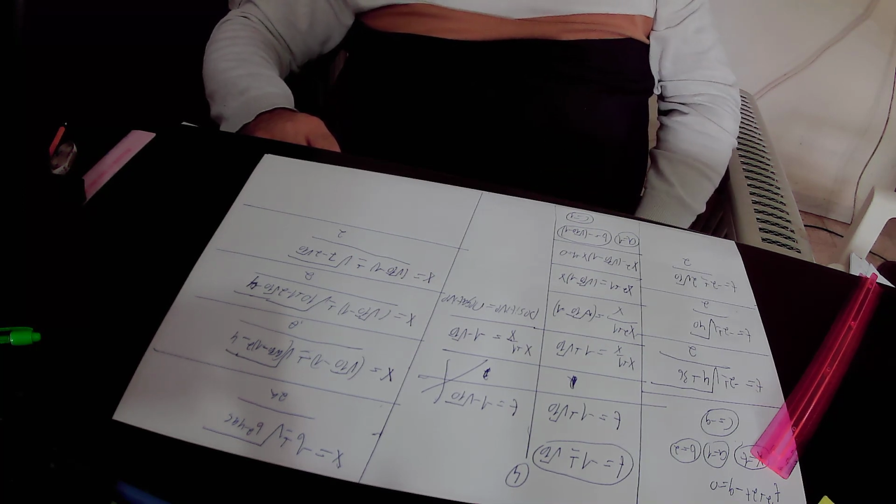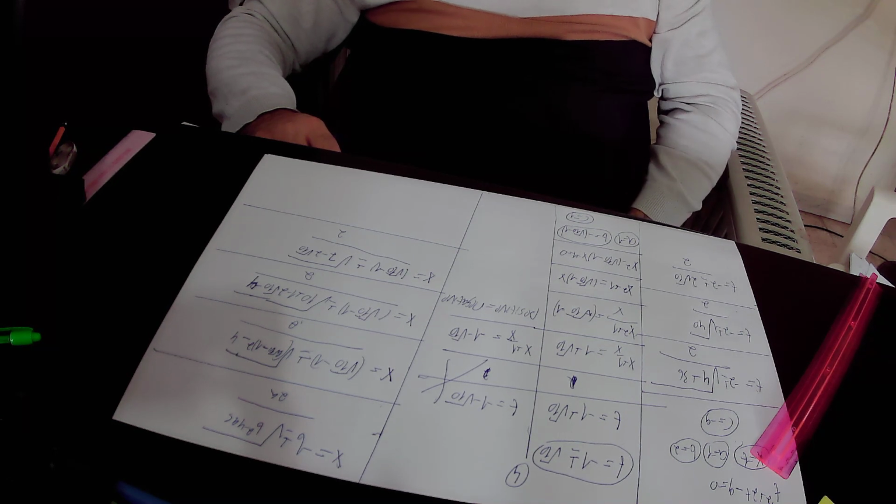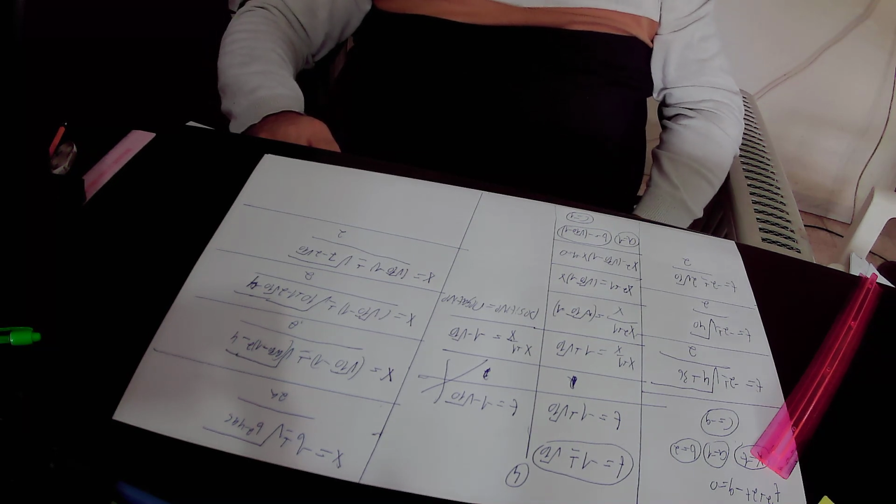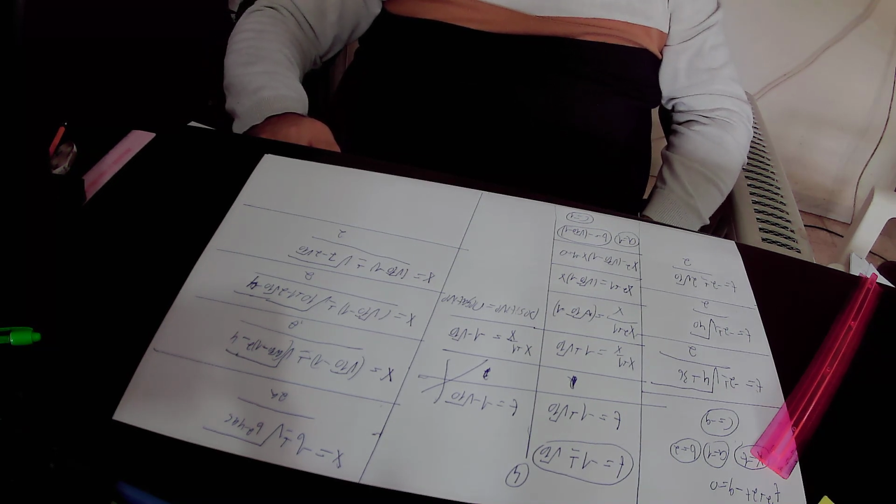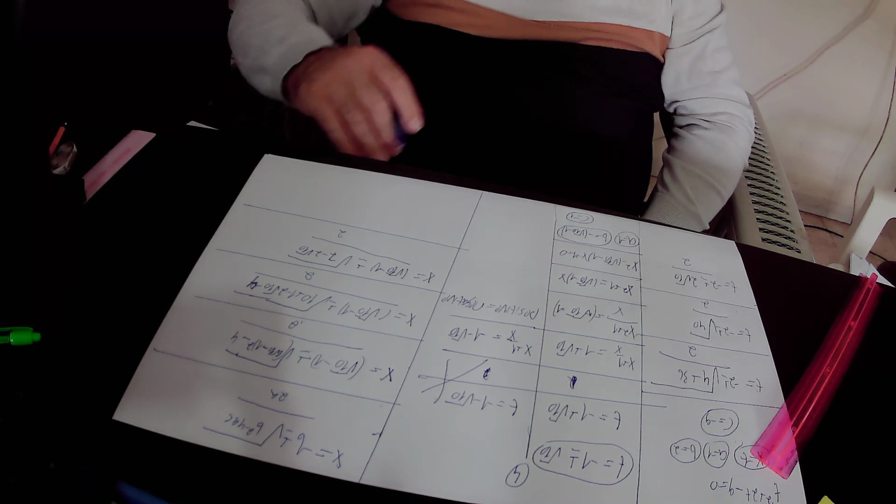So inside the root we have 7 minus 2 times square root of 10. We will present this expression in a different way.